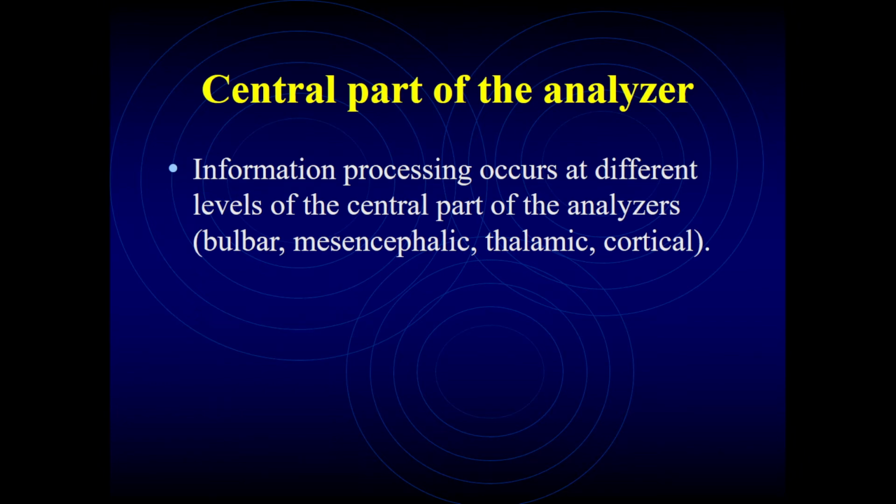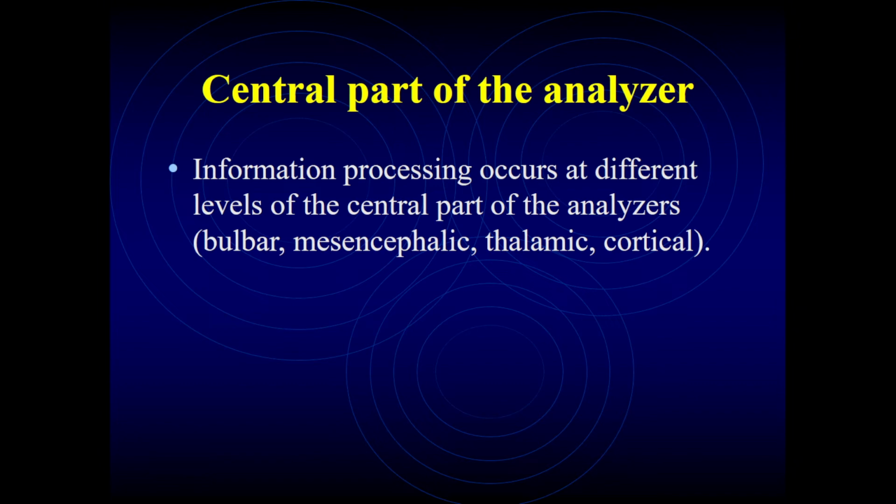Central part of analyzer. Information processing occurs at different levels of the central part of the analyzers: bulbar, mesencephalic, thalamic, diencephalic, and cortical.